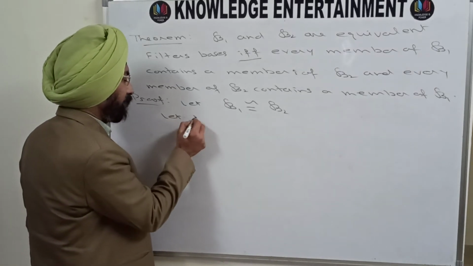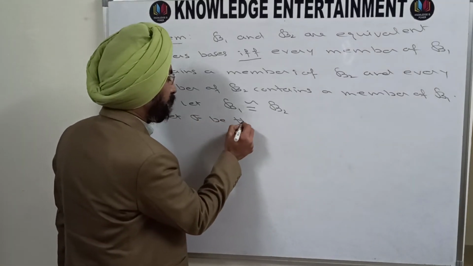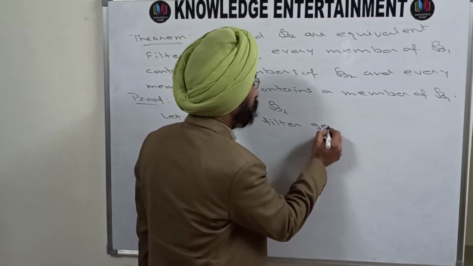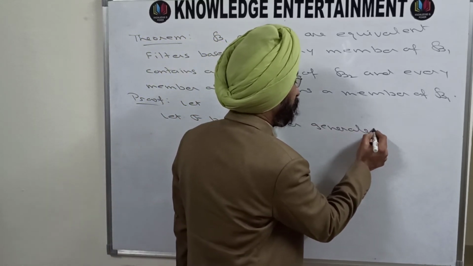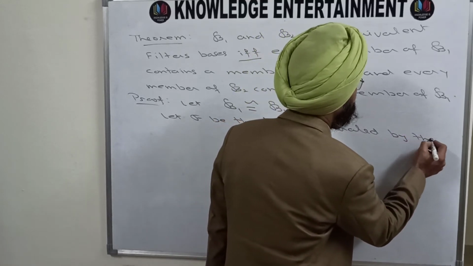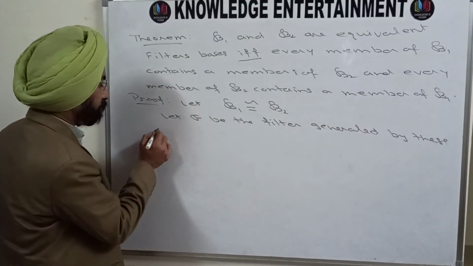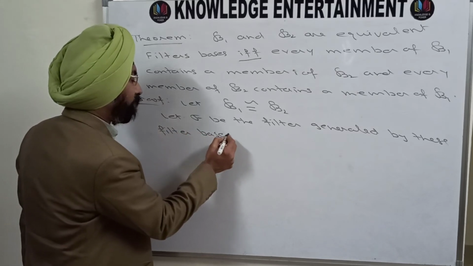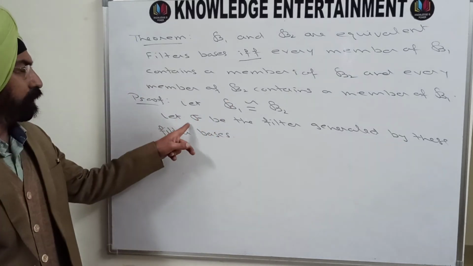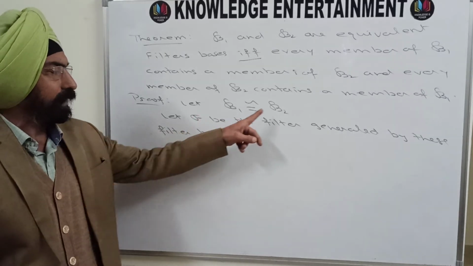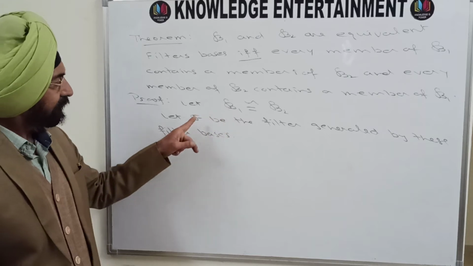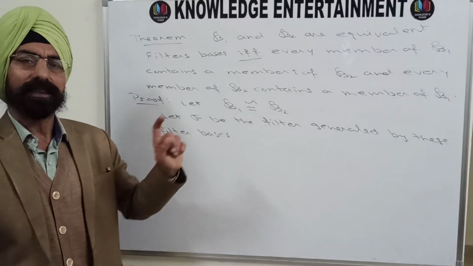Let F be the filter generated by these filter bases. That means F can be generated by B1 as well as by B2, or you can say that F has filter base B1 and F also has filter base B2.